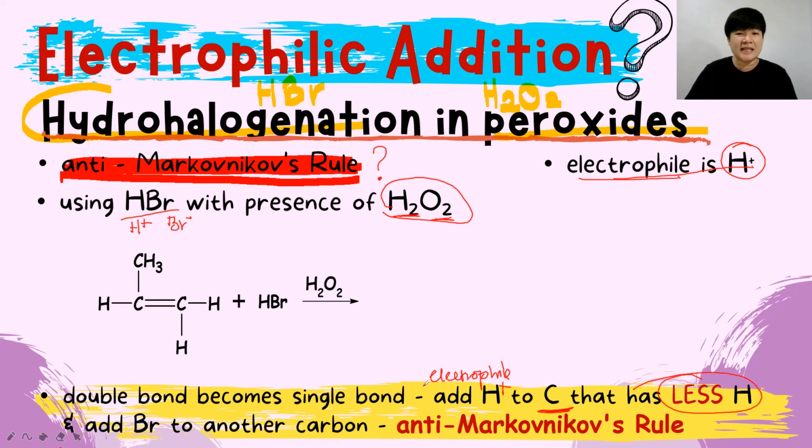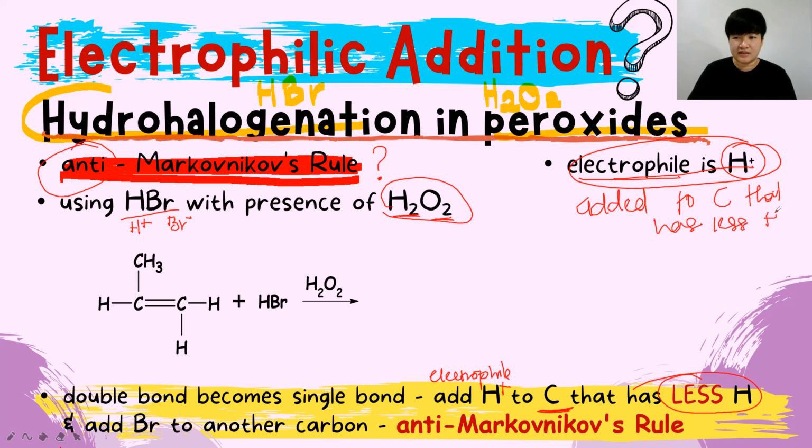So when it's anti-Markovnikov rules, your electrophile H+ will be added to the carbon that has less hydrogen. And that is what anti-Markovnikov rules are trying to tell you, with only one condition: the presence of your H2O2 peroxide. Okay? So let's see what happens to the product.